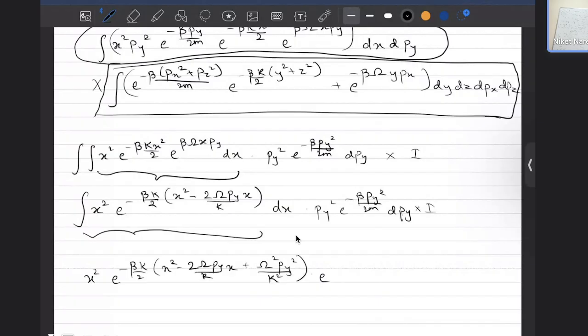So what does this term come out to be? Minus of minus beta kappa by 2 into omega squared py squared by kappa squared, basically a minus sign because I have multiplied inside and now I'm trying to divide it. That's what gives this minus sign here. Kappa kappa gets cancelled.